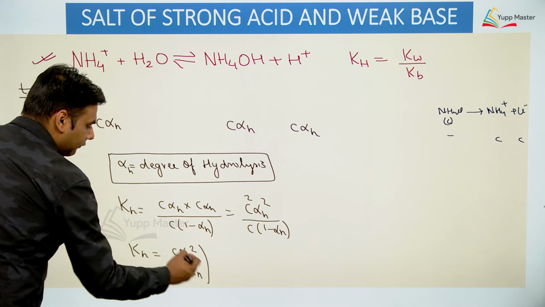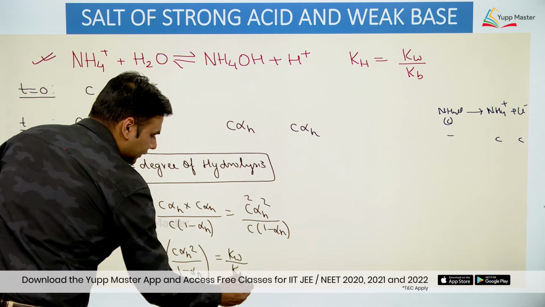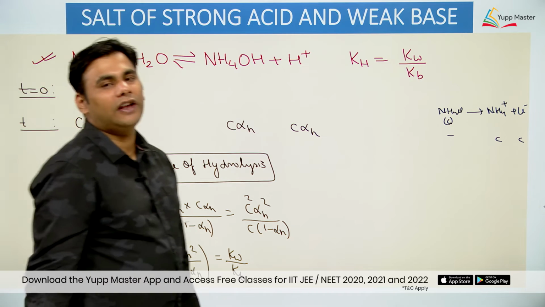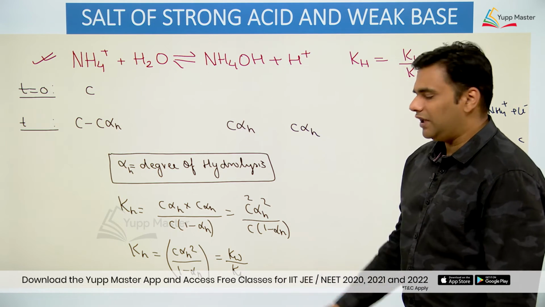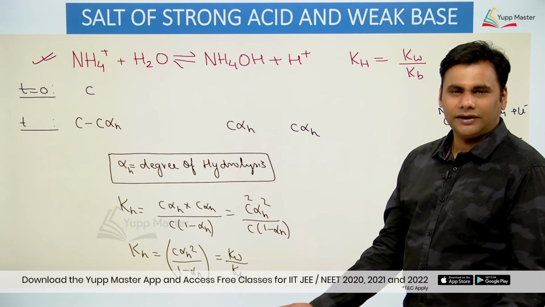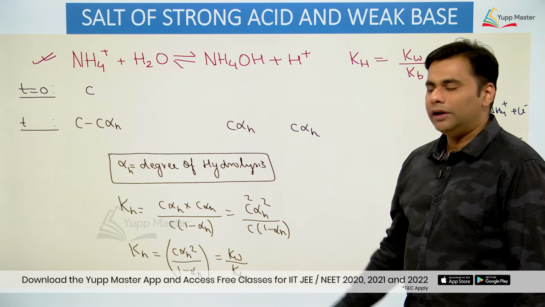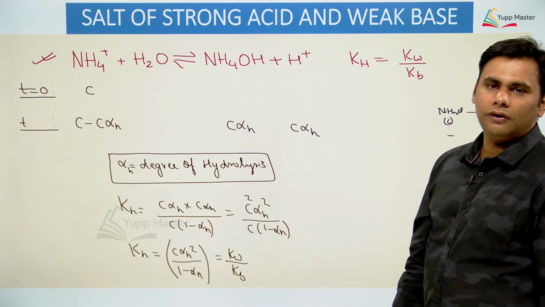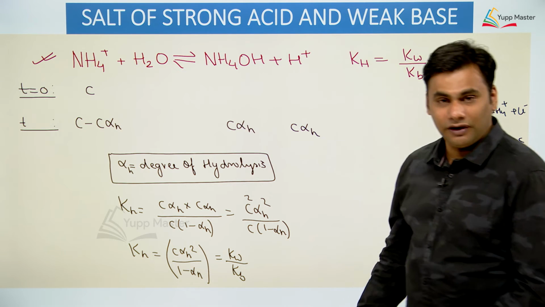Now we know that the value of KH is Kw upon Kb in this case. Kw has a value of 10 raised to minus 14. Because this is a weak base, Kb can be 10 raised to minus 3, minus 4, minus 5, minus 6, minus 7, right? So still when you divide Kw by it, the value of KH would come out to be very small, something of the order of 10 raised to minus 5, minus 6, minus 7, minus 8.